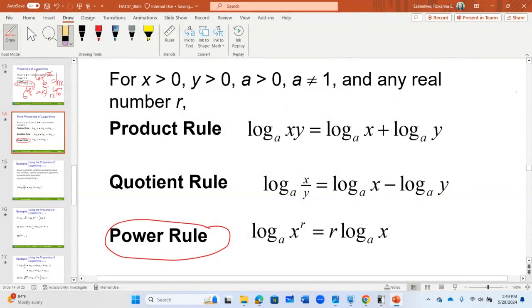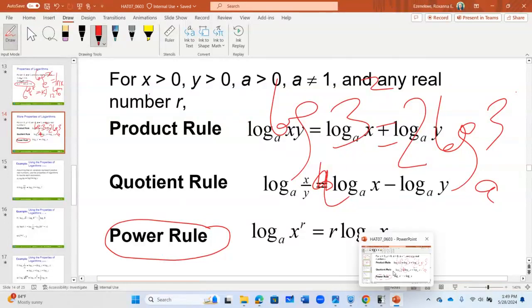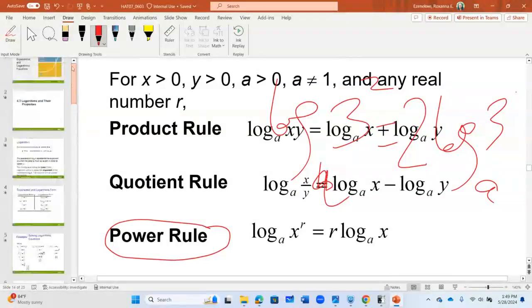So if I have log of 3 to the power 2 to base A, I can rewrite it as 2 log 3 to base A. Okay, so let's find questions on this PowerPoint.